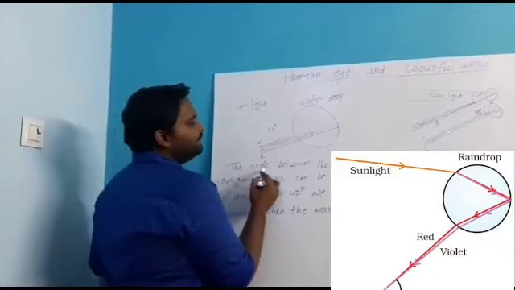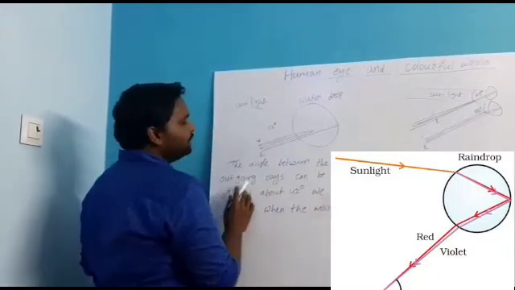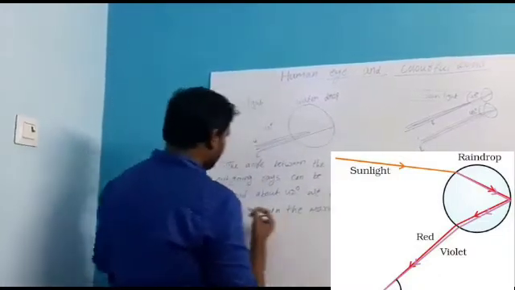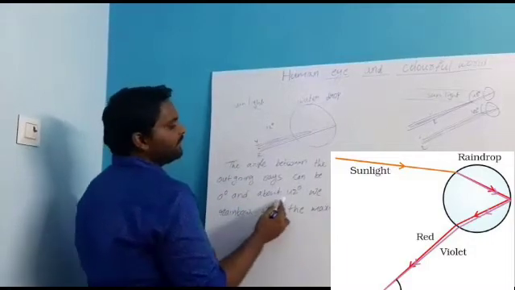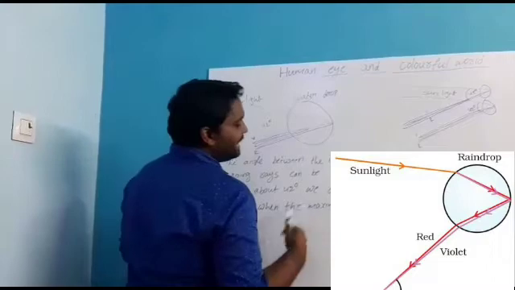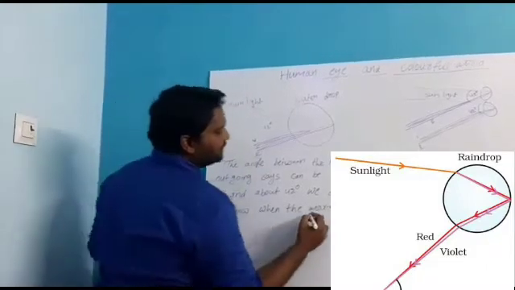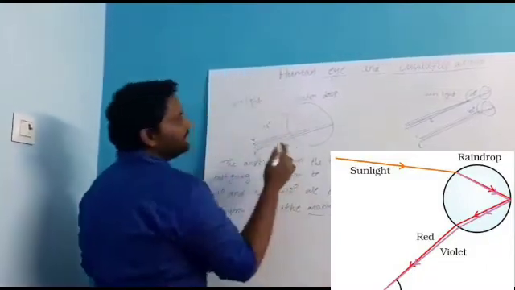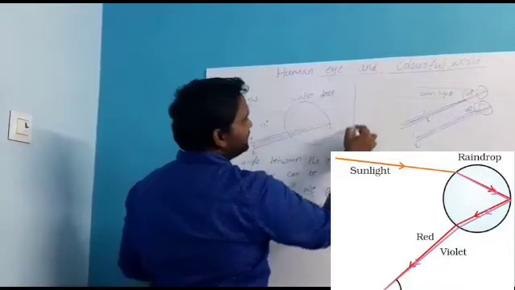Here the angle between the incoming and outgoing rays can be anything between 0 degrees and about 42 degrees. We observe a bright rainbow when the angle is at the maximum, 42 degrees. For example, this is the wall.